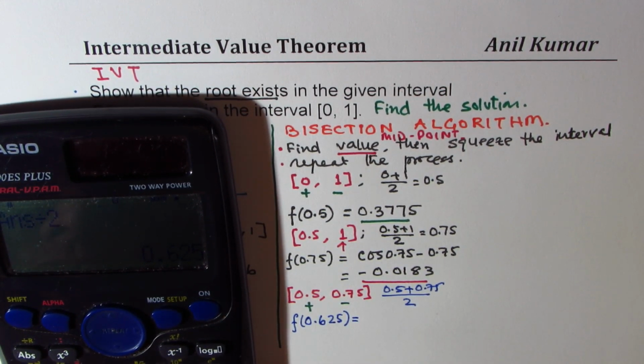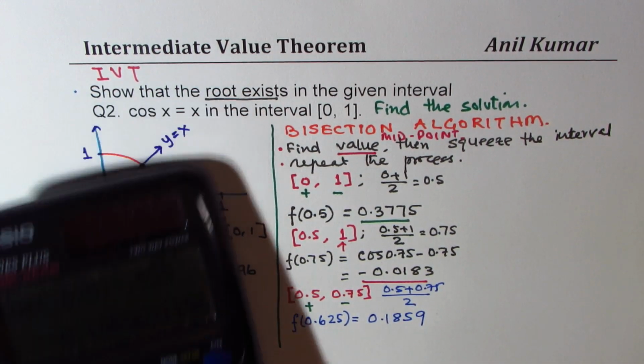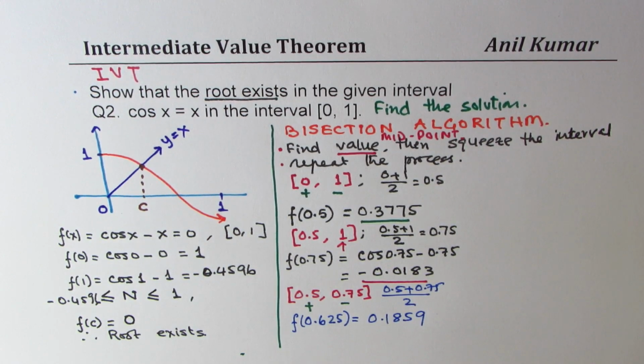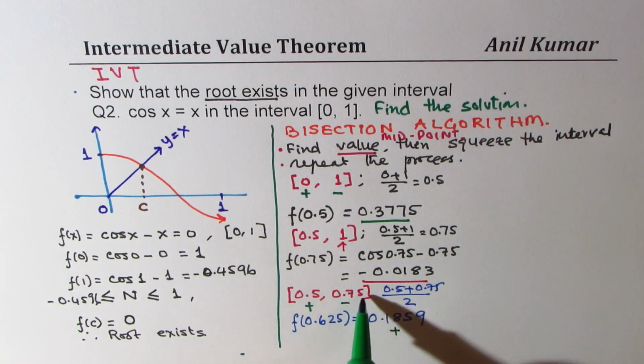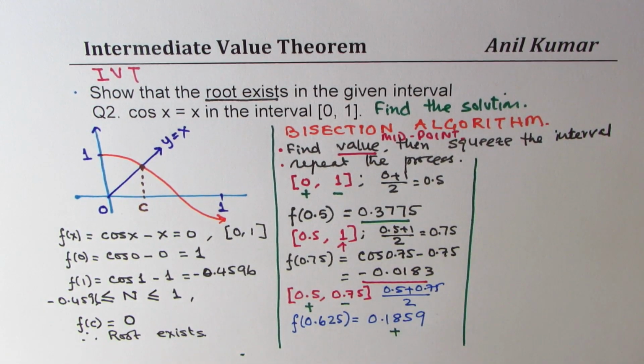At 0.625, we'll say cos of 0.625 minus 0.625 gives us a positive value of 0.1859. Since this is positive, which number are we going to replace? 0.5 will be replaced this time. Perfect. So we can continue this process.